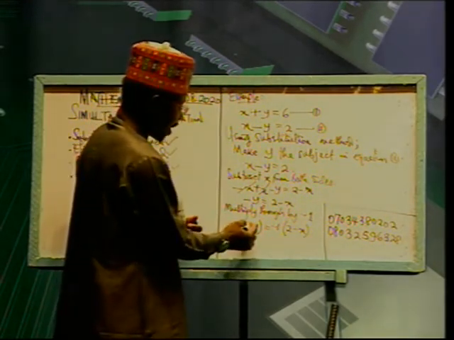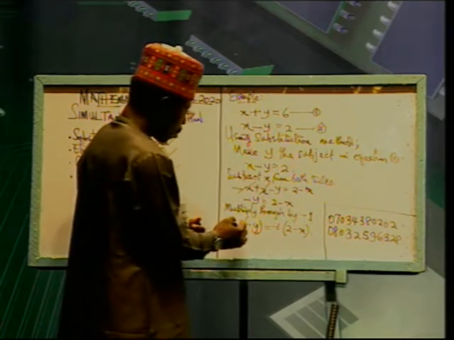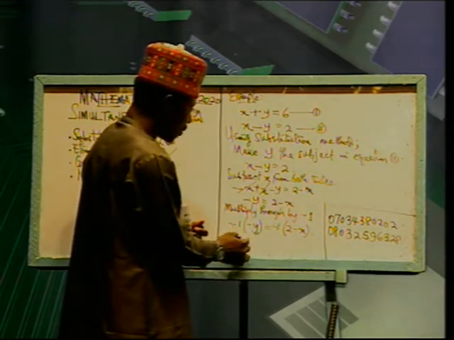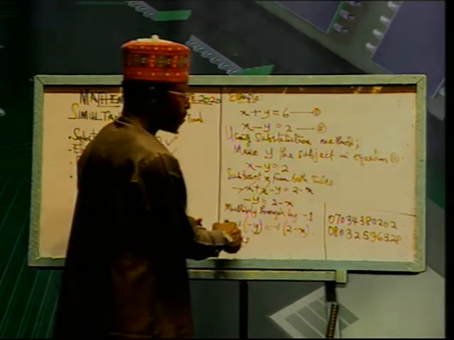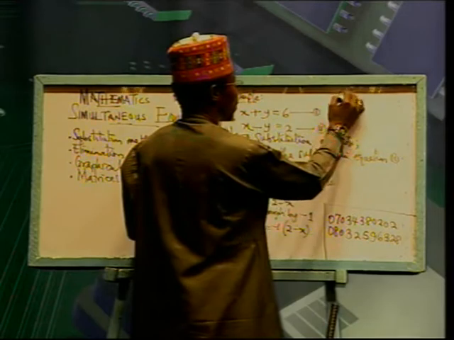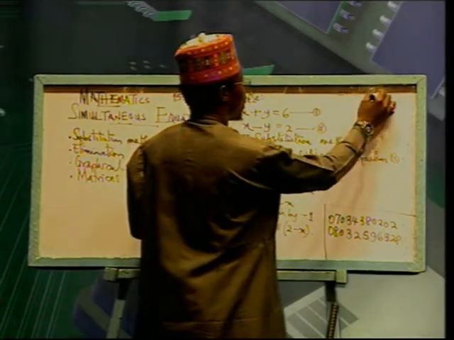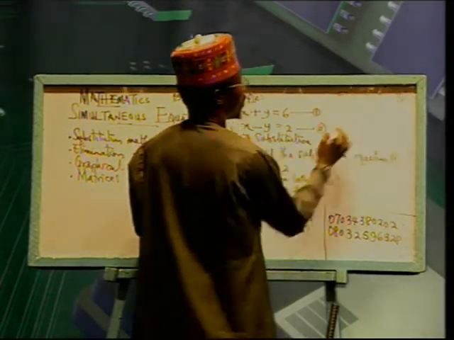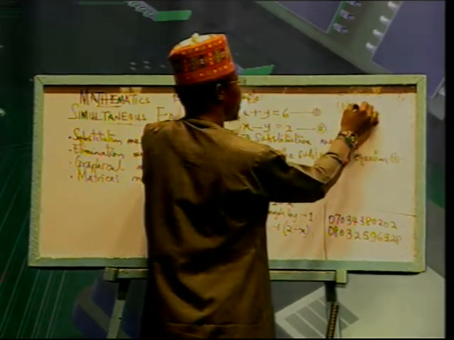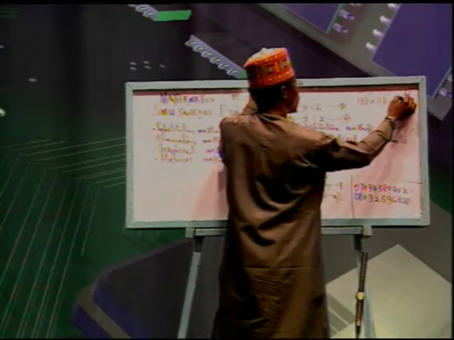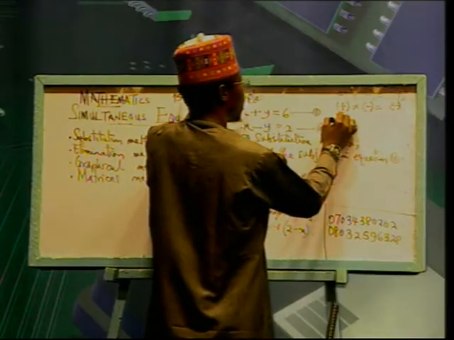Minus times minus will give you plus. 1 times y will give you y. You need to be careful and be mindful of your signs. When you multiply minus by minus, it gives you plus. Multiply plus by minus, it gives you minus.